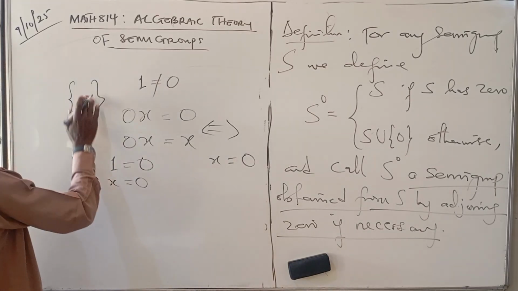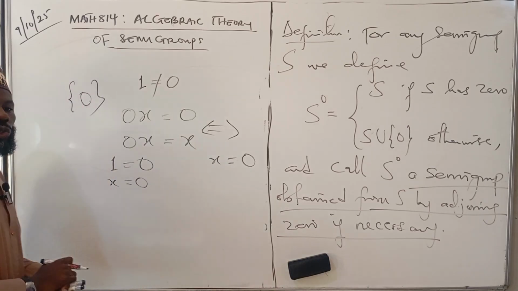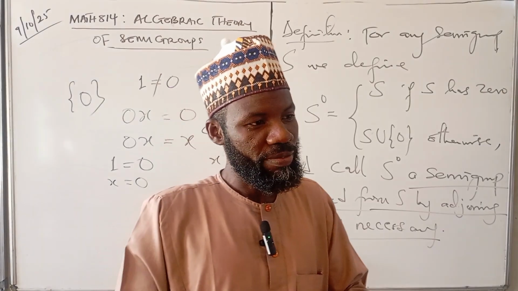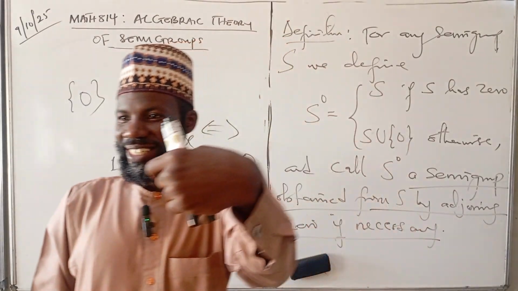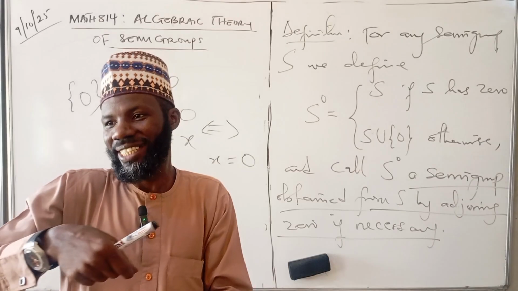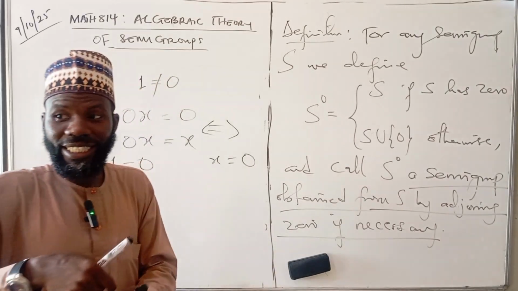So that element, we don't want to call it the 0 element. If you have a semigroup with only one element, you want to call it the identity. I hope it's okay.